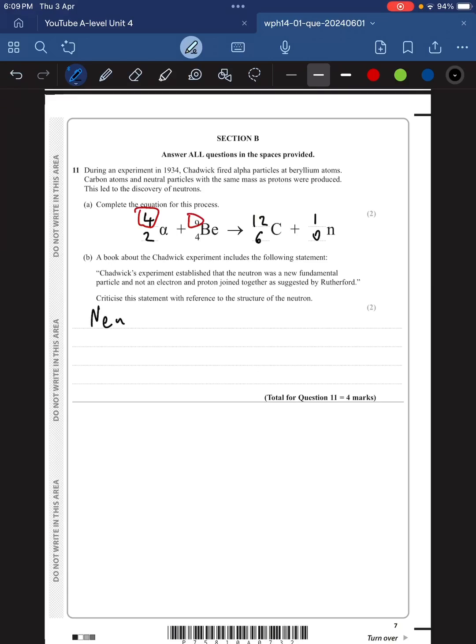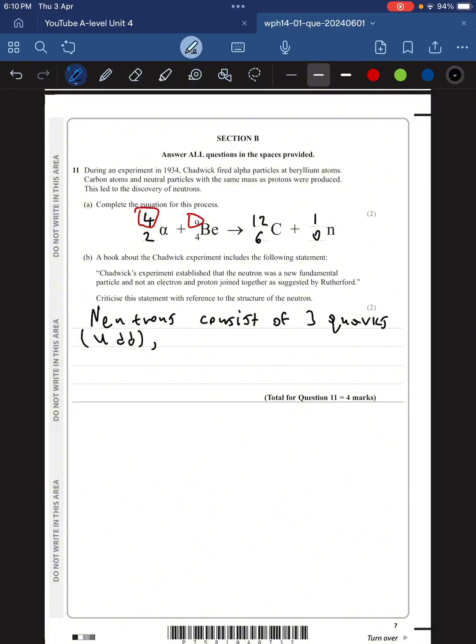So neutrons consist of 3 quarks, and you can specify them, one up quark, one d, and another d. So the up quark has a charge of plus 2/3, and 2 d quarks have a charge of minus 2/3 plus minus 2/3, 0, okay?